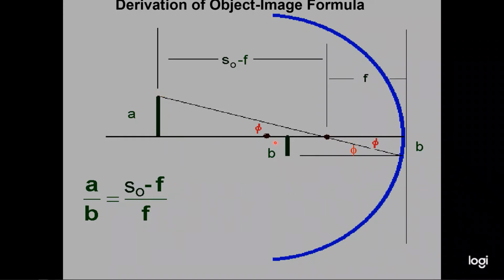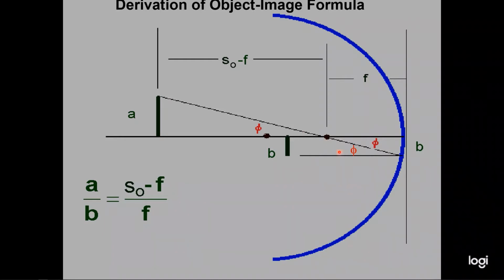We want to look at this triangle. This is the focus point of the mirror. The length of the base of this right triangle is the object distance minus the focal length. This is the height of the triangle.